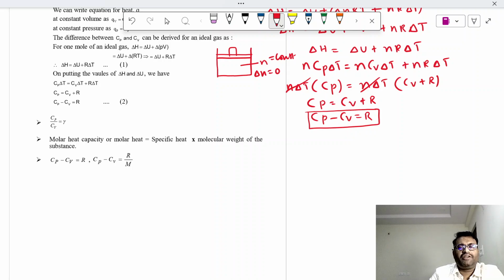Clearly speaking, Cpm, molar heat capacity at constant pressure, minus Cvm, molar heat capacity at constant volume, is equal to R.